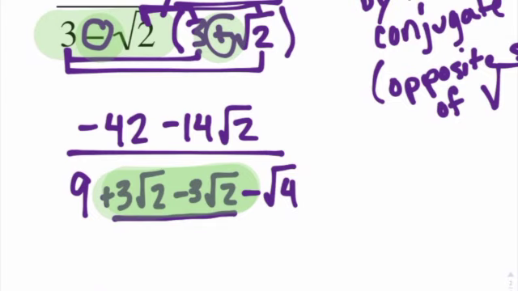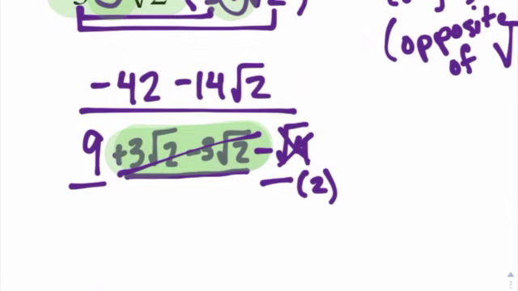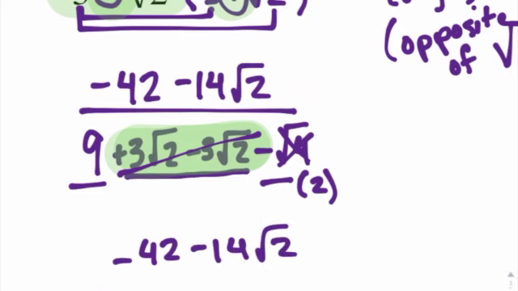So let's simplify this. We know that this is going to cancel, and I just have 9 minus the square root of 4, which the square root of 4 is 2. 9 minus 2. So what I have now is negative 42 minus 14 radical 2 on top. And on the bottom, I just have 9 minus 2, which is 7.